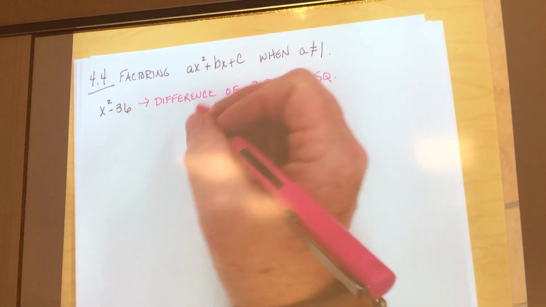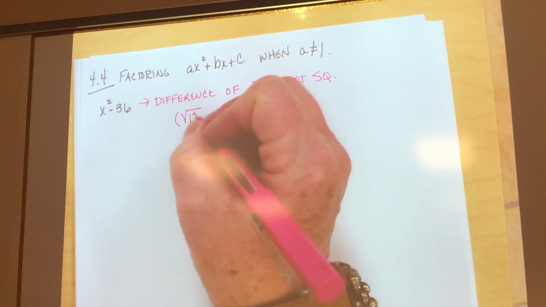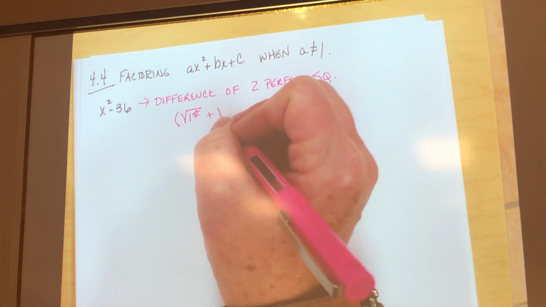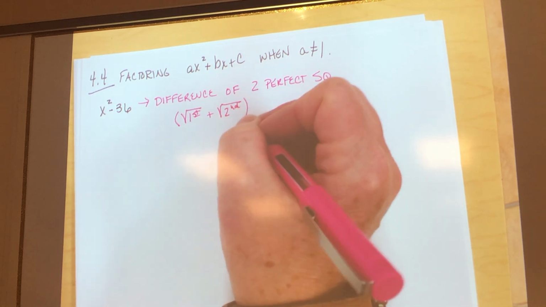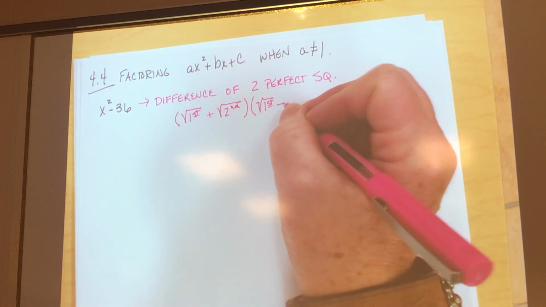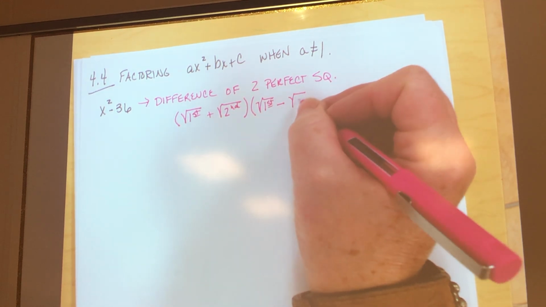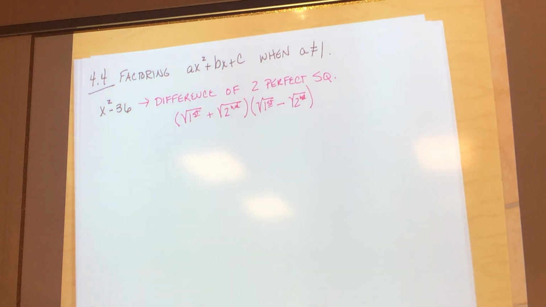It will always factor into the square root of the first plus the square root of the second, times the square root of the first minus the square root of the second. All right? Always going to factor it. So it's really easy and it doesn't take me long to factor it.